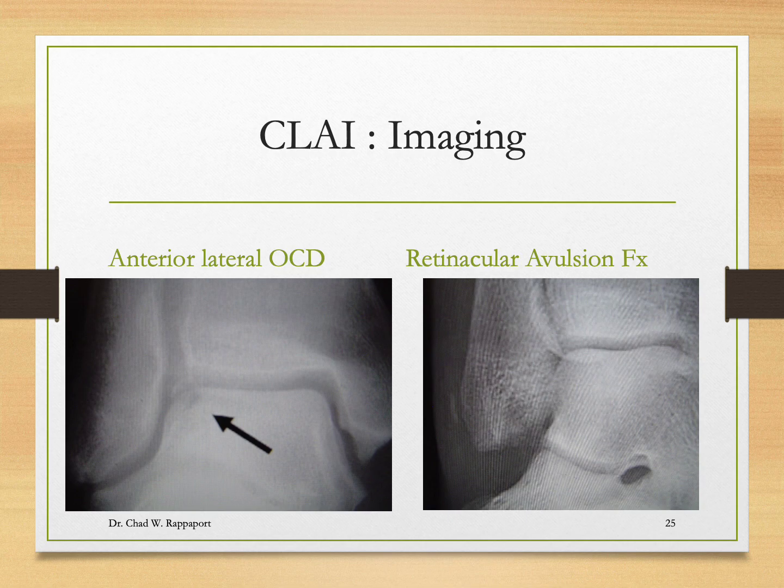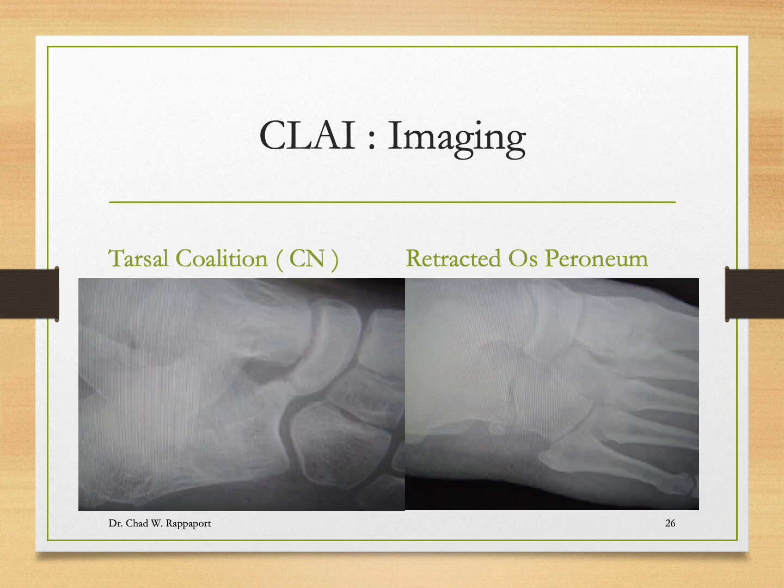Of course, we can see a fleck sign here consistent with an avulsion fracture of the superficial peroneal retinaculum, which could lead to secondary peroneal subluxation, which obviously is something that you would want to address operatively at the same time as the stabilization.